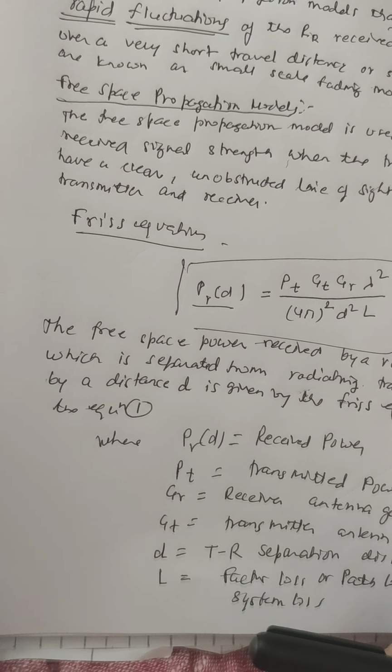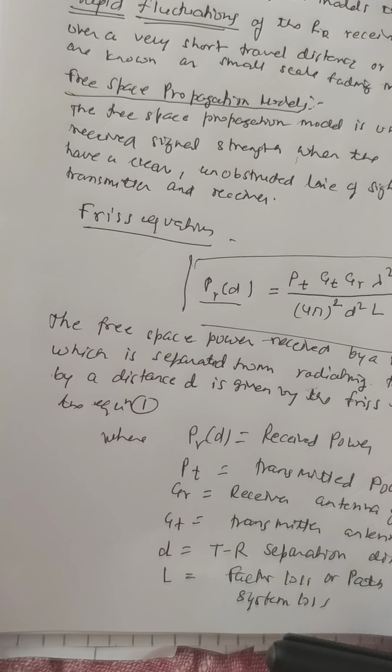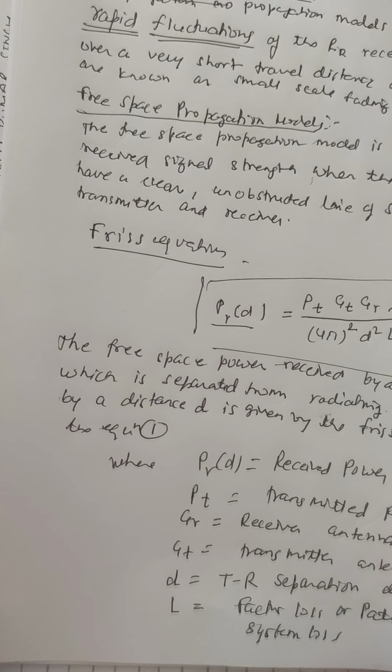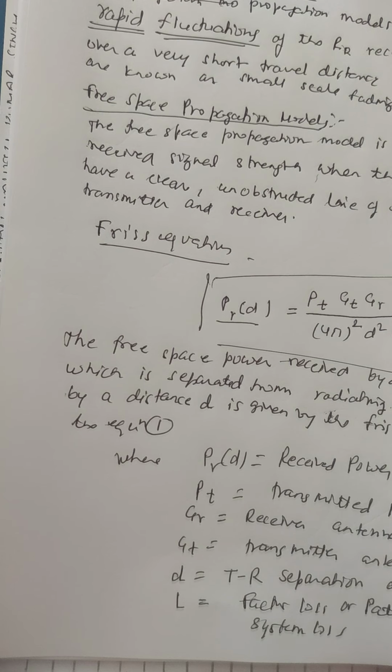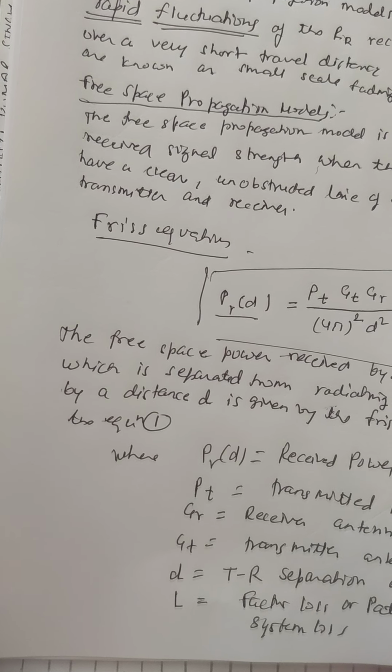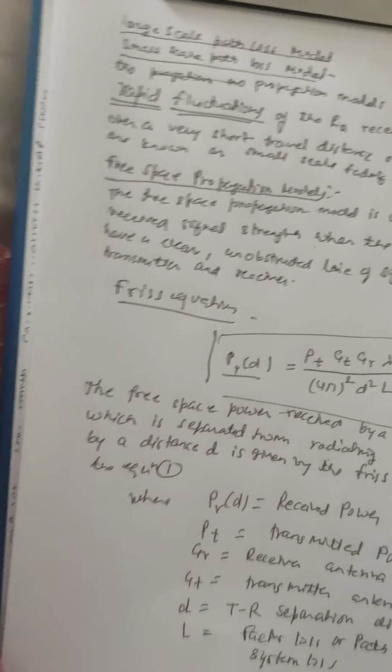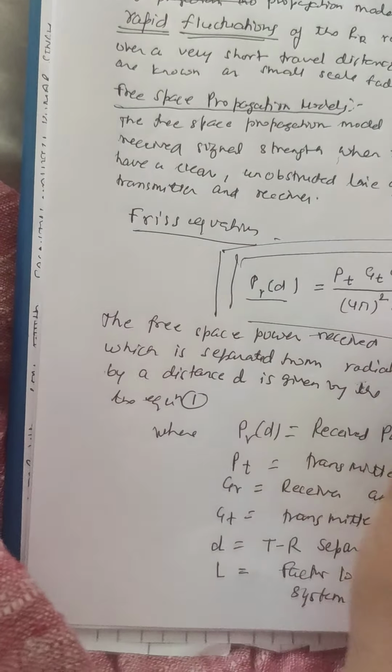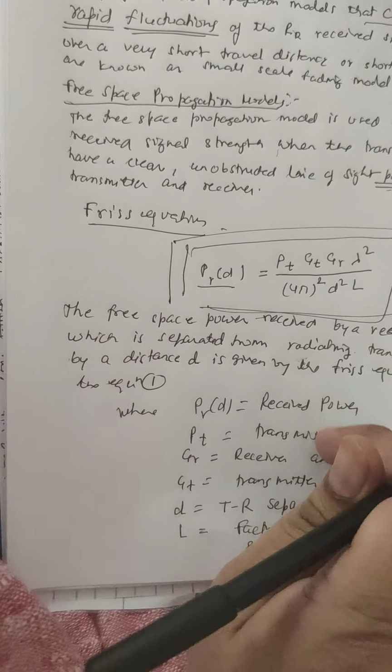So the free space power received by the receiving antenna, having a certain distance d between the transmitter and receiver antenna, is given by this Friis equation.